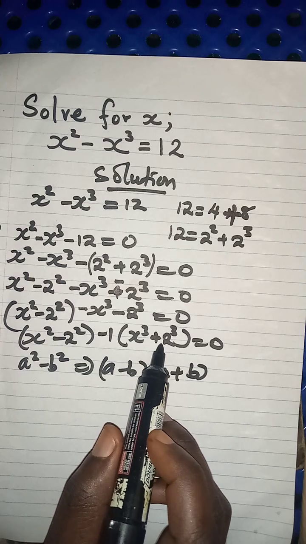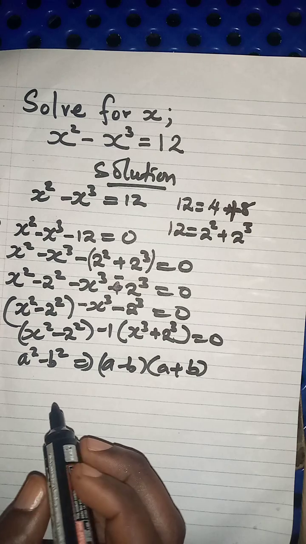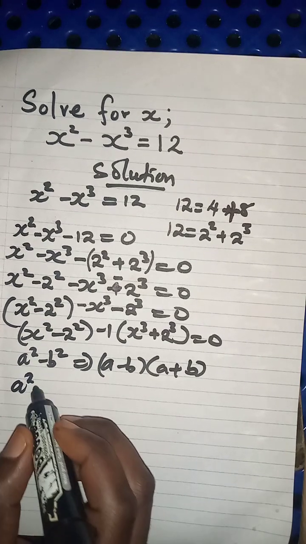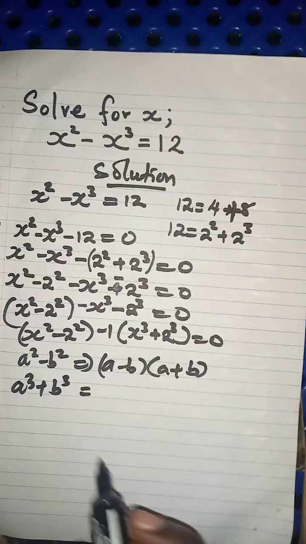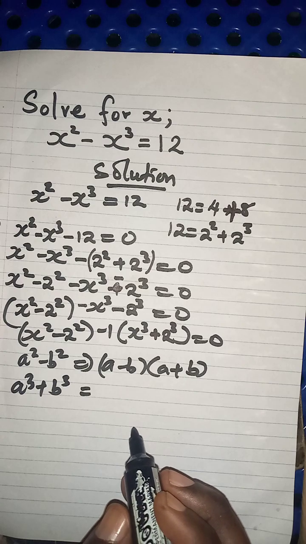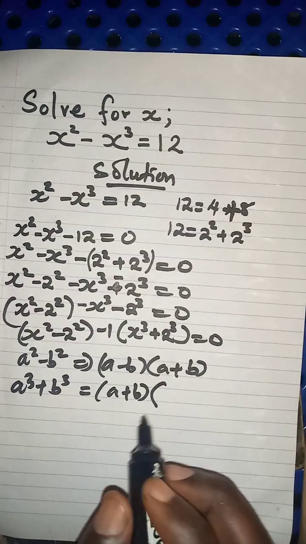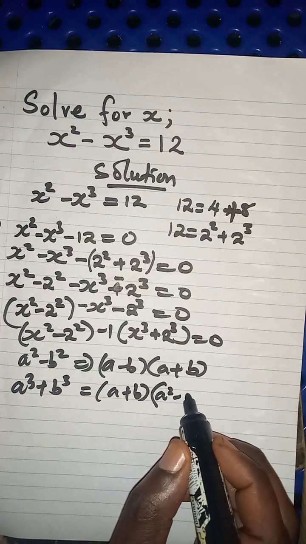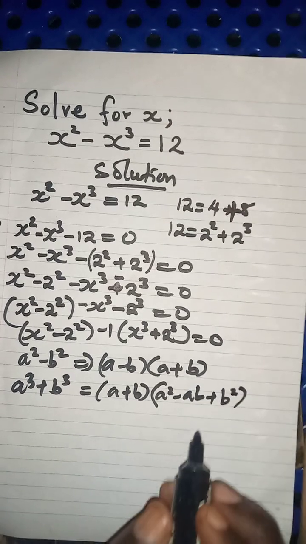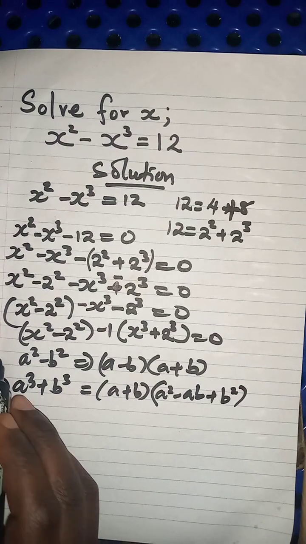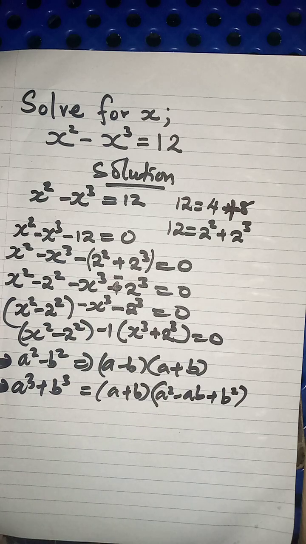While for this part, x cubed plus 2 cubed, I will use the relationship a cubed plus b cubed, which when expanded further gives a plus b multiplied by a squared minus ab plus b squared. So I'm going to use this relation and this expansion to solve this part and this part.